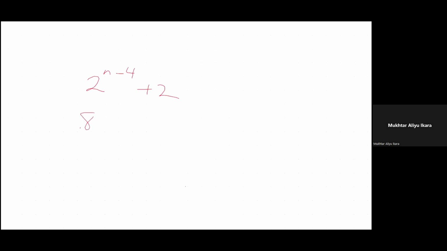So for octane with 8, we have 2 raised to the power of 8 minus 4 plus 2. So therefore we have 2 raised to the power of 4 plus 2. So 2 raised to the power of 4 is 2 times 2 times 2 times 2.